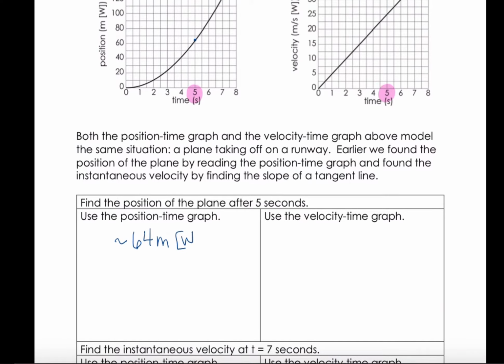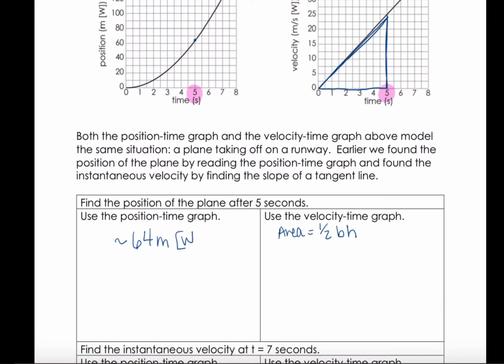And then for finding the position, remember for a velocity versus time graph, we're actually going to find the area underneath the graph or underneath the line. So we're going to find the area of this triangle. The area of a triangle equals 1/2 base times height.